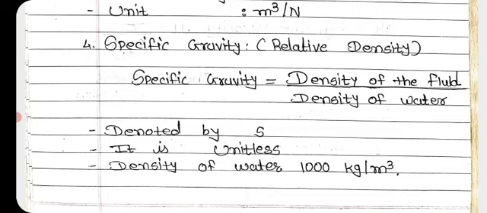So here the equation of specific gravity is density of the fluid divided by density of water. So it is denoted by S, small s. Here it is unitless because density of fluid, density of water, specific gravity is unitless. Here the density of water is 1000 kg per meter cube.